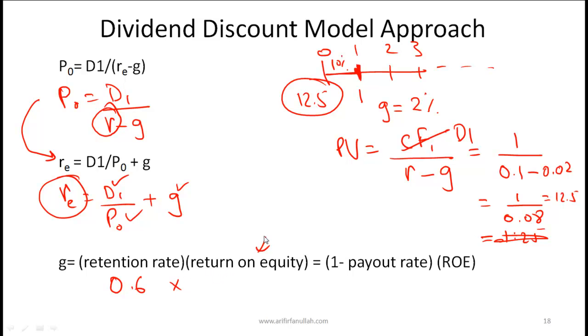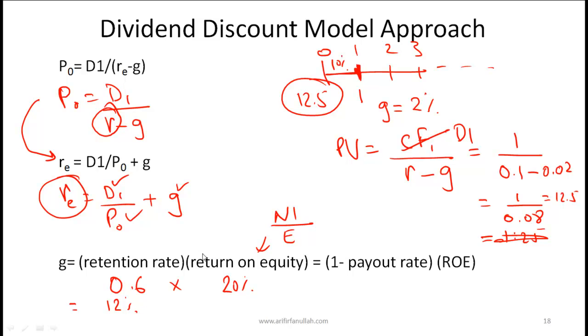Remember, return on equity is your net income divided by equity. So let's say that the return on equity for a given company is 20%. Then in this case, the growth rate is going to be 0.6 times 20, which is 12%.